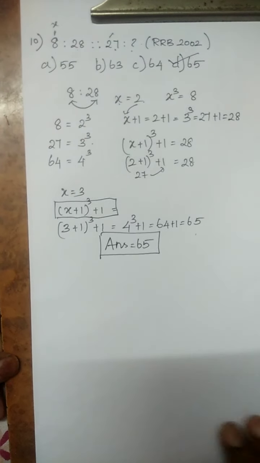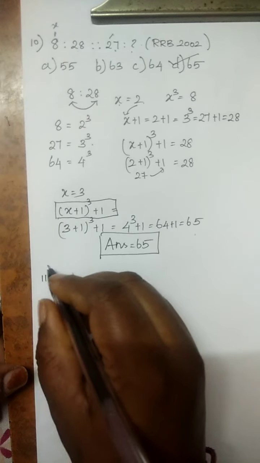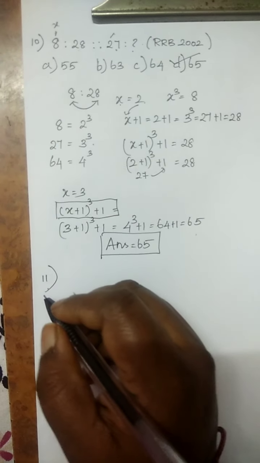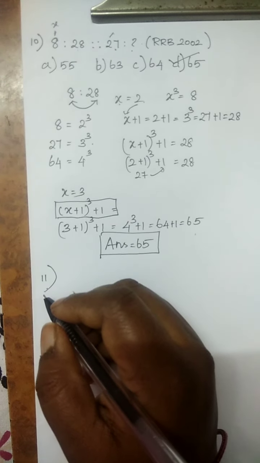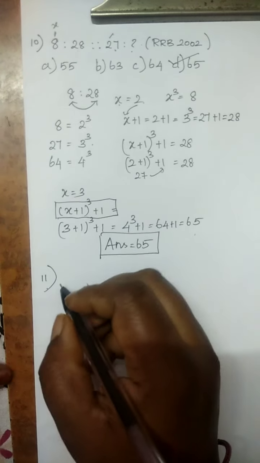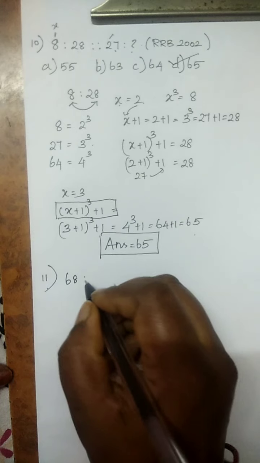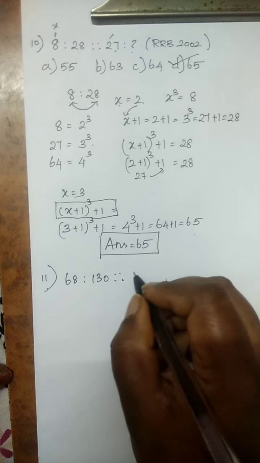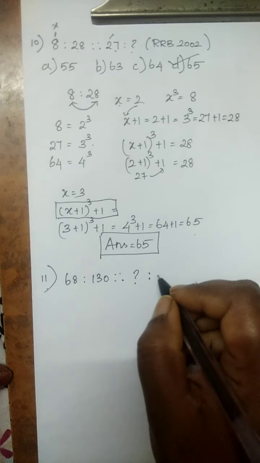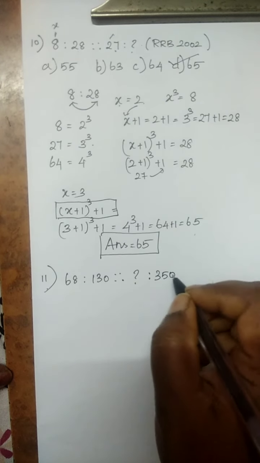Now we are moving to the 11th sum. And the question is 68 is to 130, then question mark is to 350.